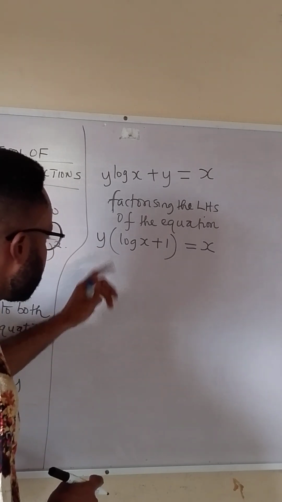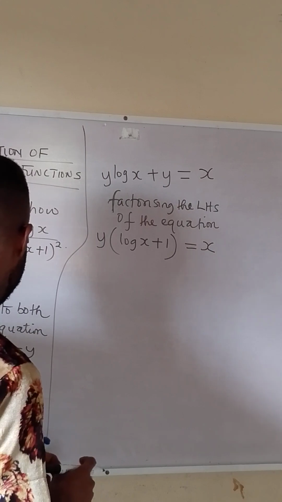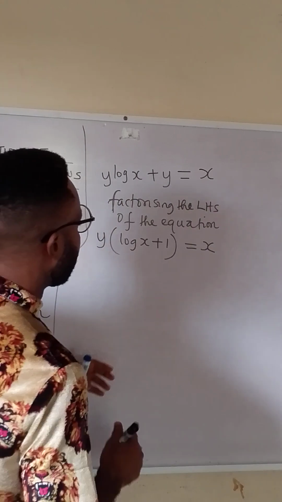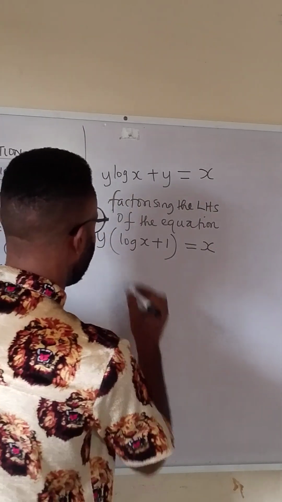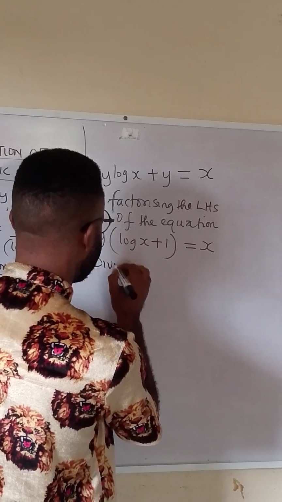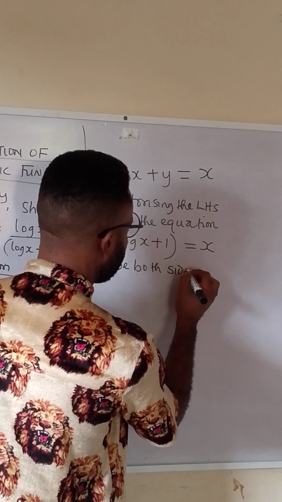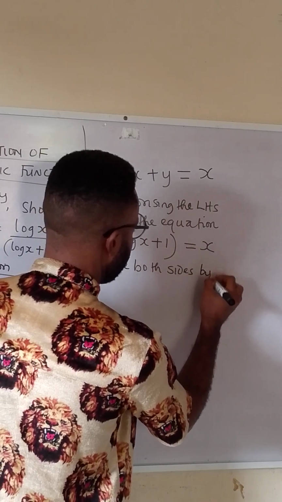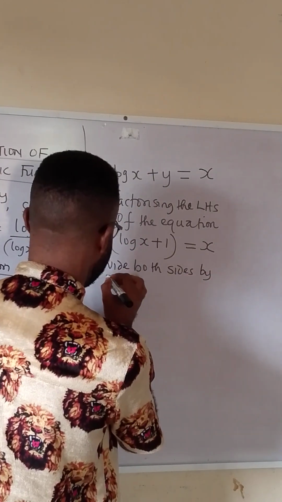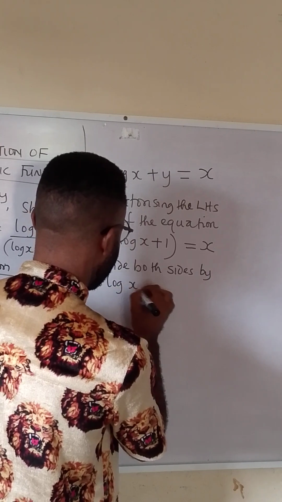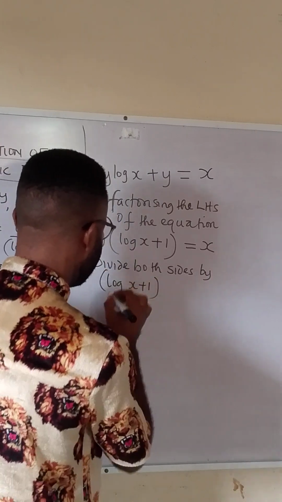Since we want y to stand alone, we divide both sides by log x plus 1, in bracket.